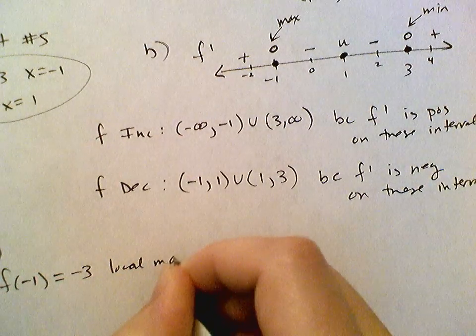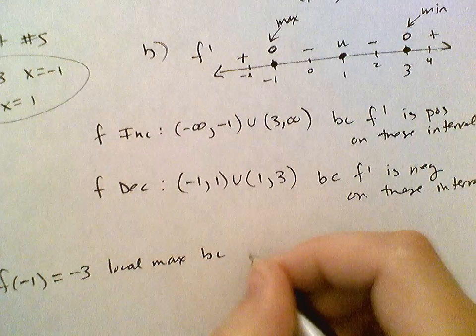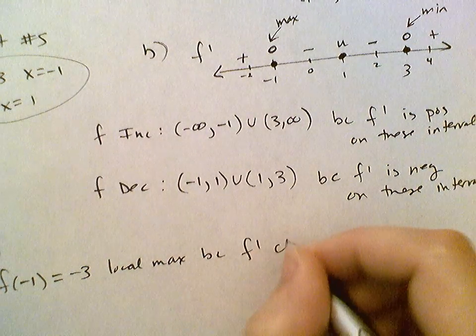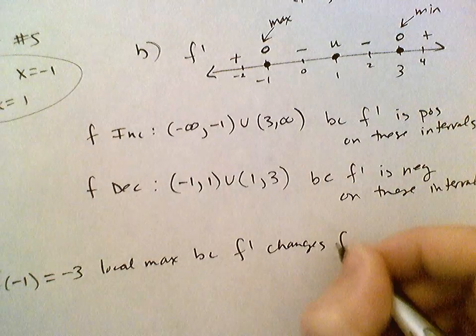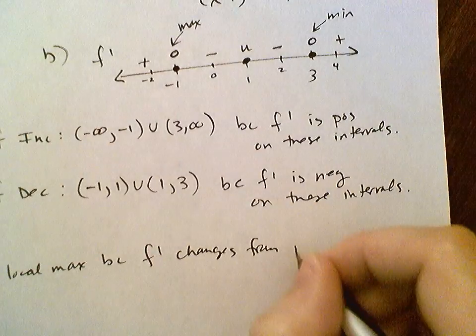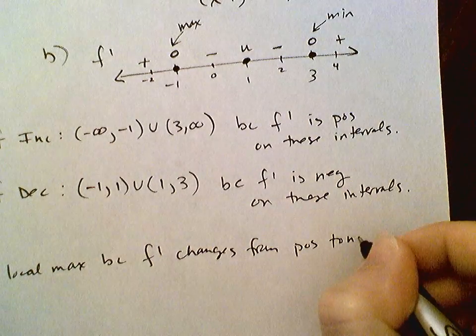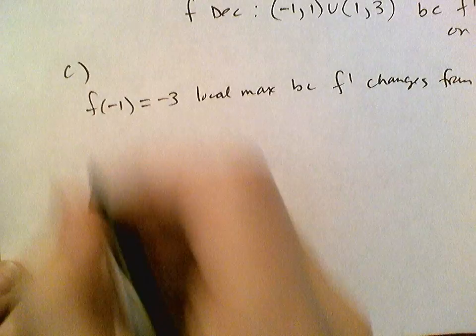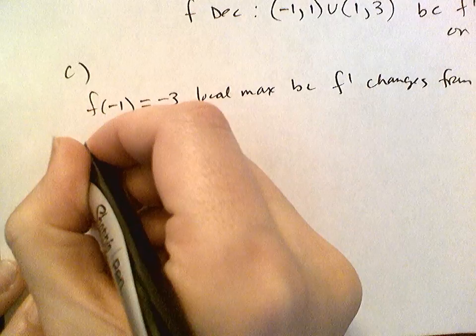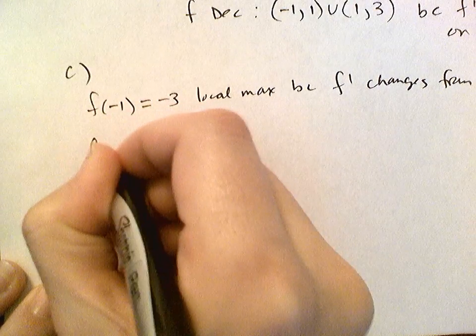Okay, so this is a local max. You could say relative if you want. Local max because f prime changes from positive to negative, and then we're just going to have f of 3.